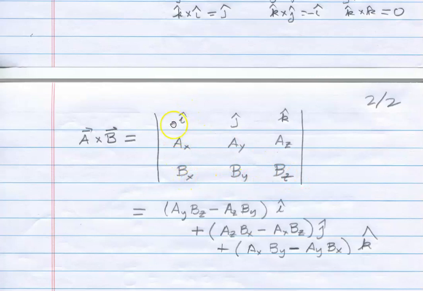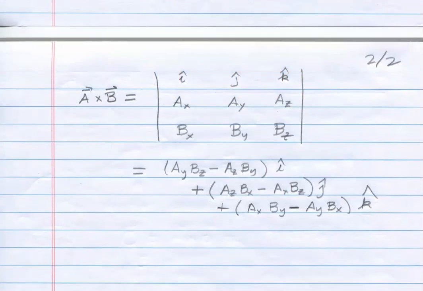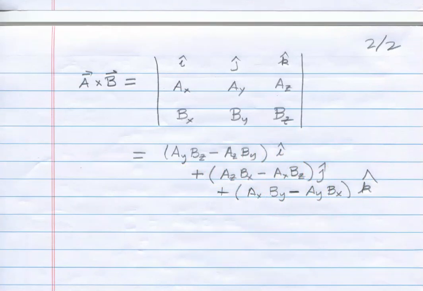And then you expand this determinant by minors across the first row. And when you do that, you would get something that looks like this. Now you may not have had expanding determinants or evaluating 3 by 3 determinants like this, or used minors, etc. So if that's Greek to you, you'll have to just remember this expression here and refer to that.